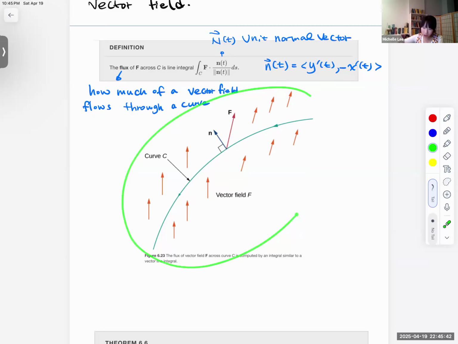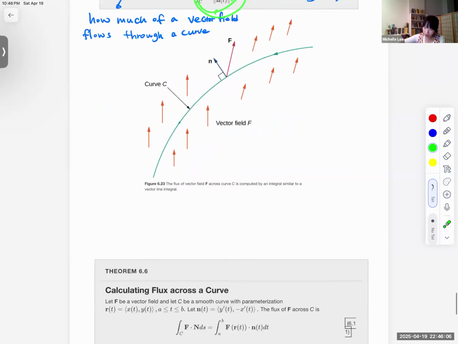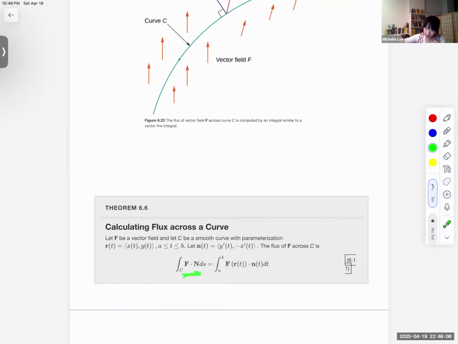So this is the picture of the vector field, and this is a curve. The normal vector is perpendicular to the curve. We know that, right? Now this formula becomes like that.